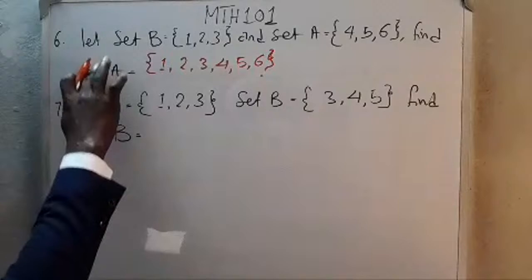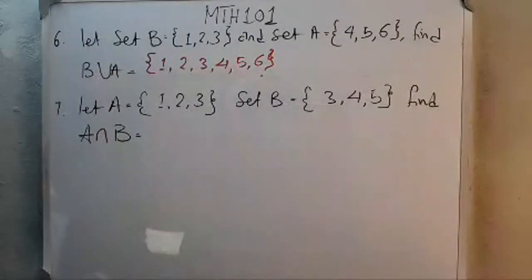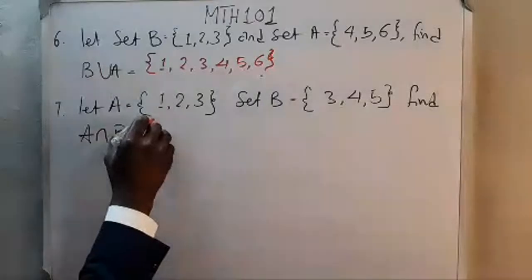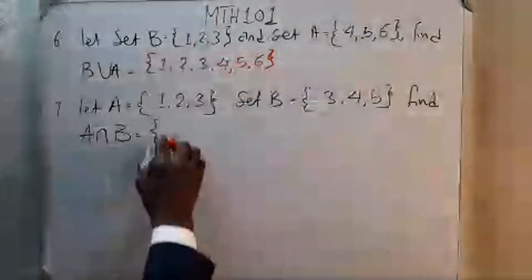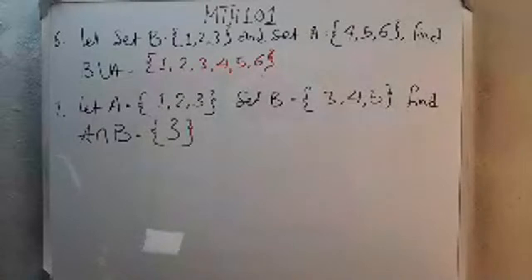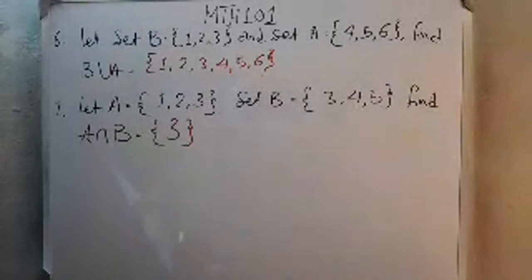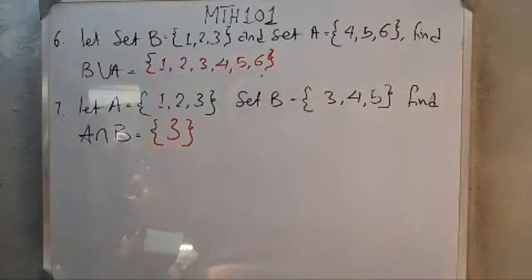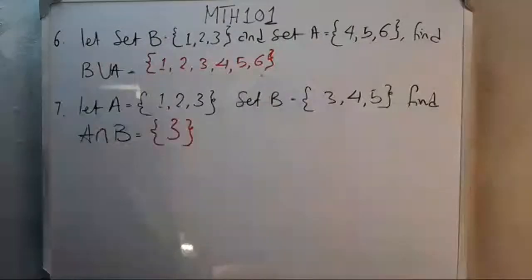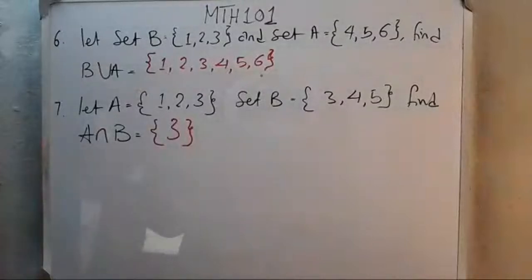Then the answer becomes: for that intersection, what are the elements that can be found both in set A and in set B? That is the intersection.